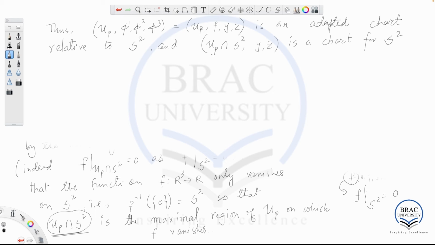Okay, so it only applies to those points P in S2 for which the partial derivative of f with respect to x is non-zero. Good.